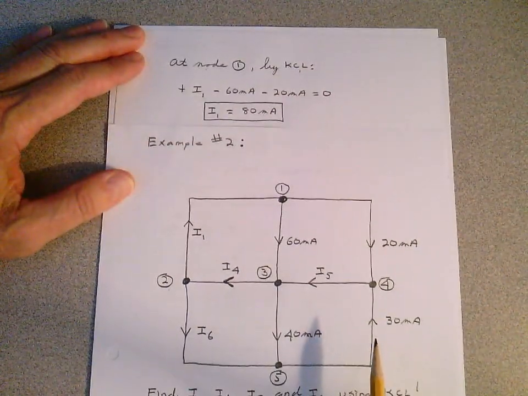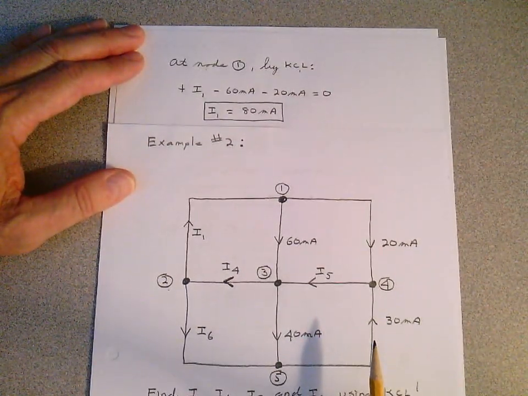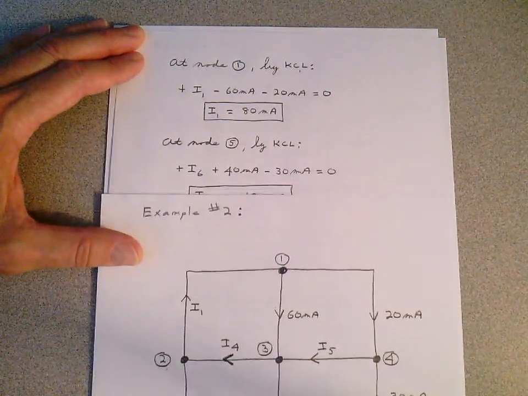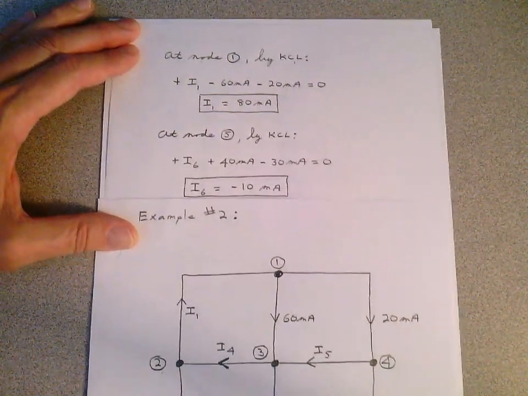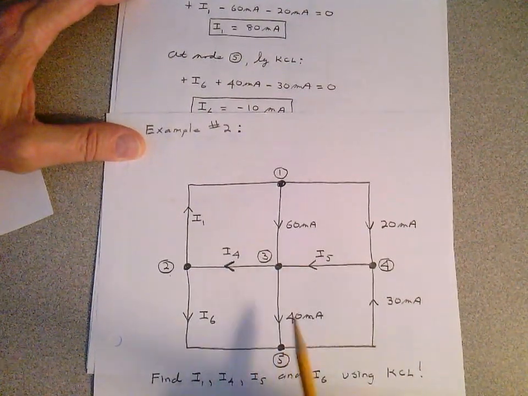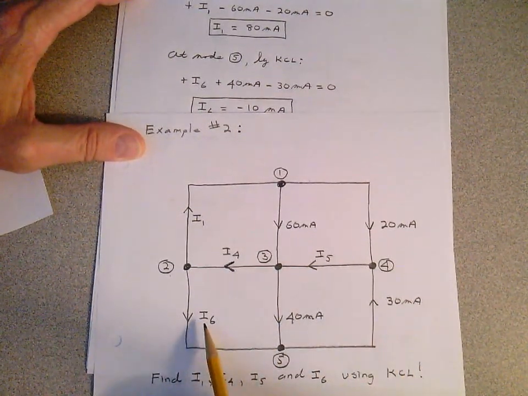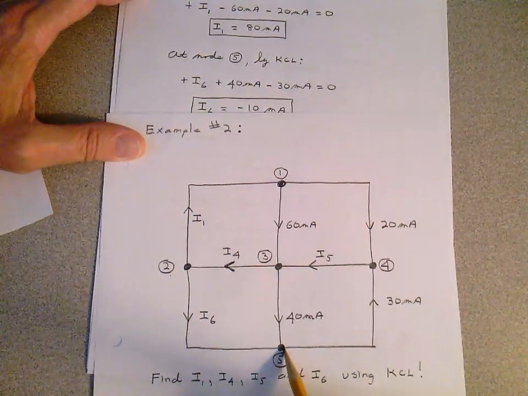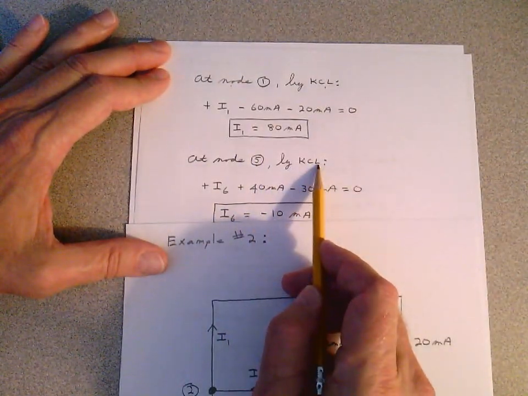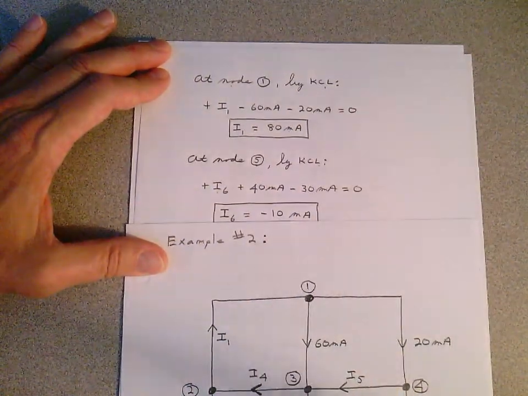Now, look at the other nodes. Where do you know 2 out of 3 currents, or 3 out of 4 currents? Well, I moved on to node 5. Why did I move to node 5? Because I look down here at node 5, and I know this current, I just don't know I6. That's the unknown. So at node 5, by Kirchhoff's current law, I get a plus I6.